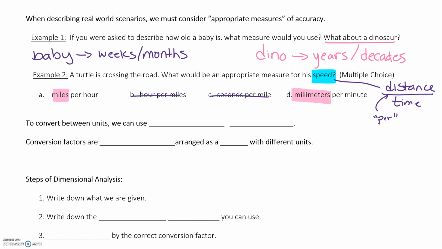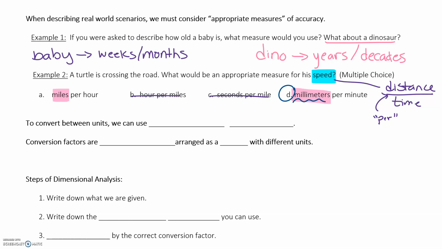Okay, I would suggest that we want to use the smaller distance of millimeters, because the turtle is going to go a smaller amount of distance per the time. So the best appropriate measure would be millimeters per minute.